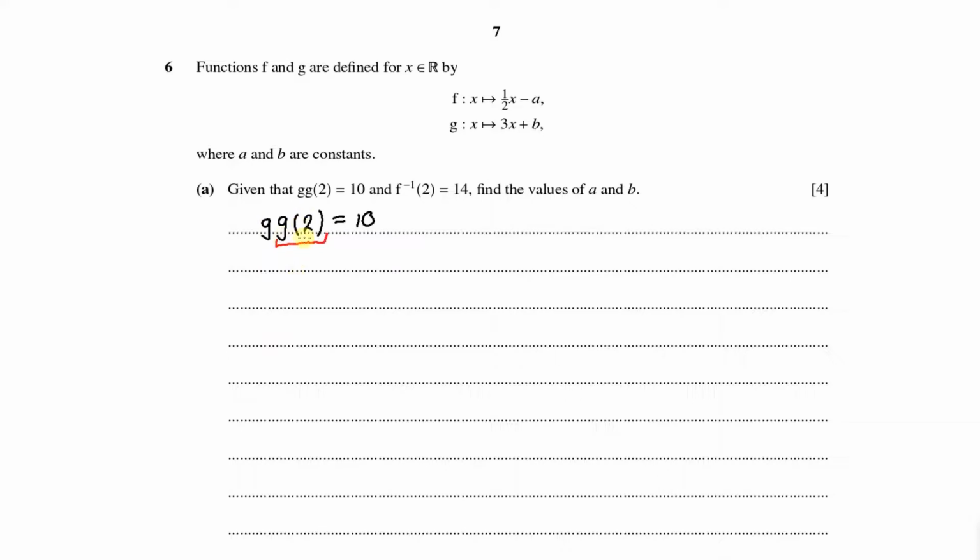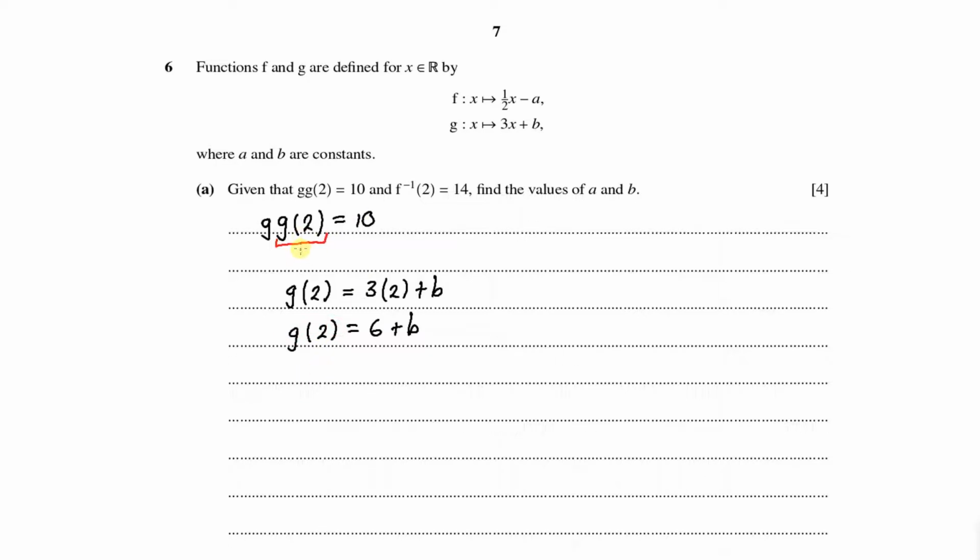So I'll work out g of 2 first. For g of 2, if I go to the function g, it's g of x is equal to 3x plus b, which means I'm inputting 2 in place of x. So g of 2 should come out as 3 of 2 plus b, and that's 6 plus b.